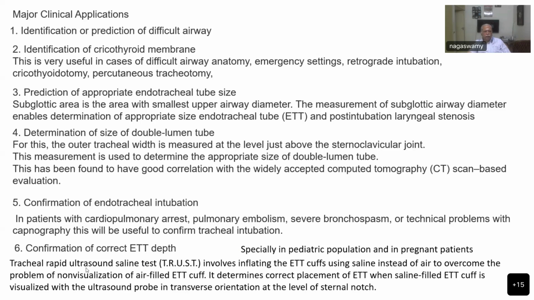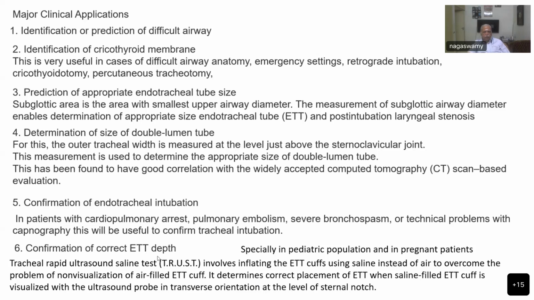The tracheal rapid ultrasound saline test, TRUST, involves inflating the ET tube cuff using saline instead of air to overcome the problem of non-visualization of the air-filled ET tube. It can determine correct placement of the ET tube when the saline-filled ET tube is visualized with the ultrasound probe in transverse orientation at the level of the sternal notch.